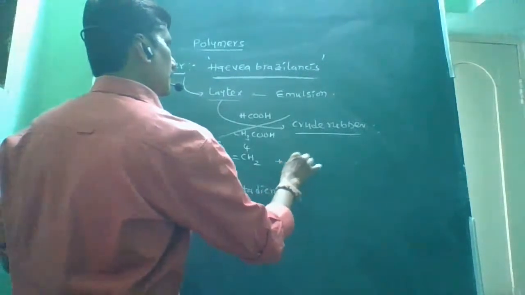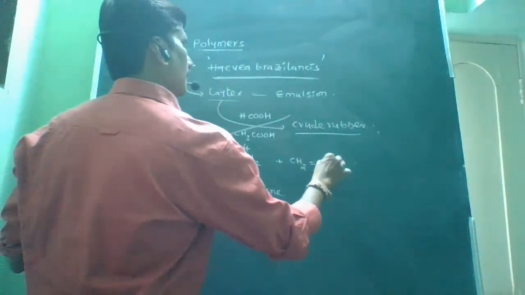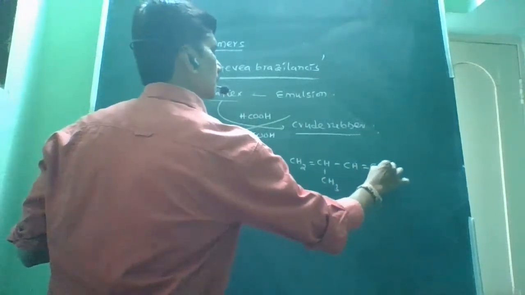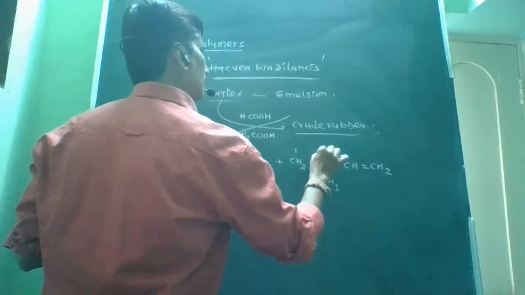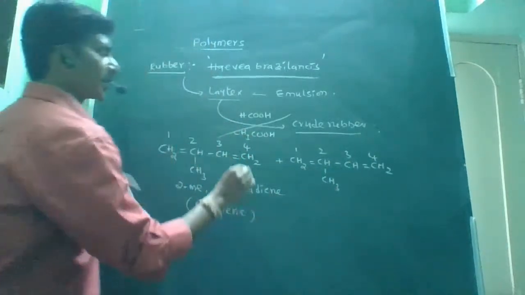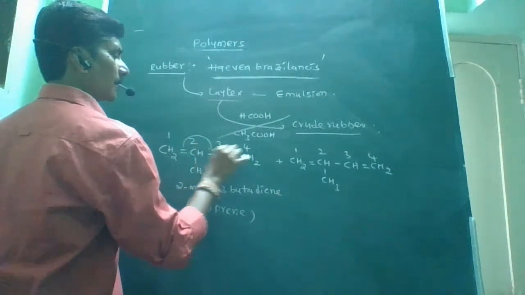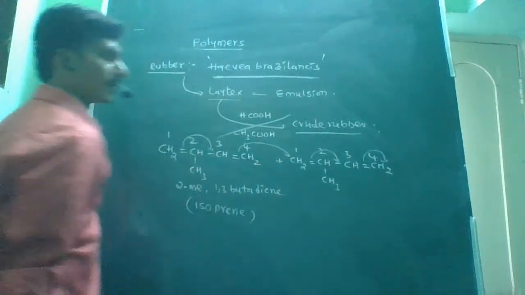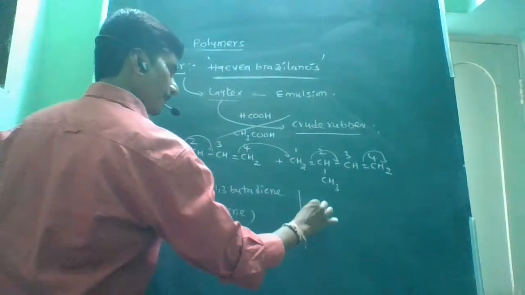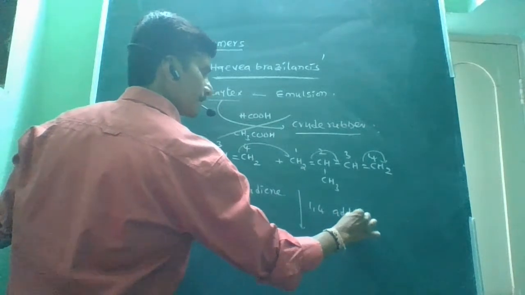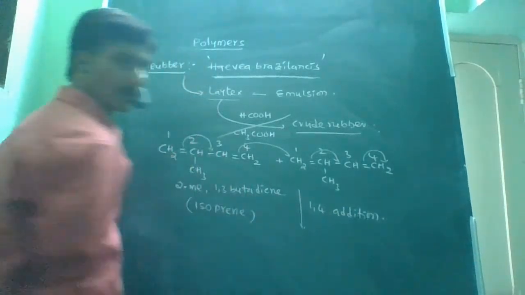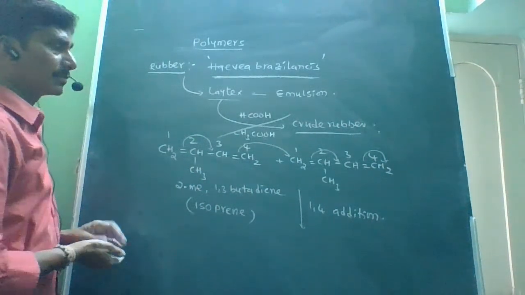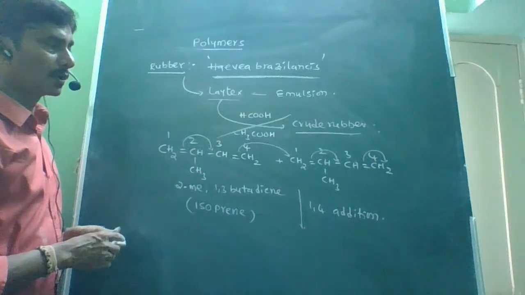These isoprene units of a rubber are joined by 1,4 addition. These rubbers can be joined by the 1,4 addition.